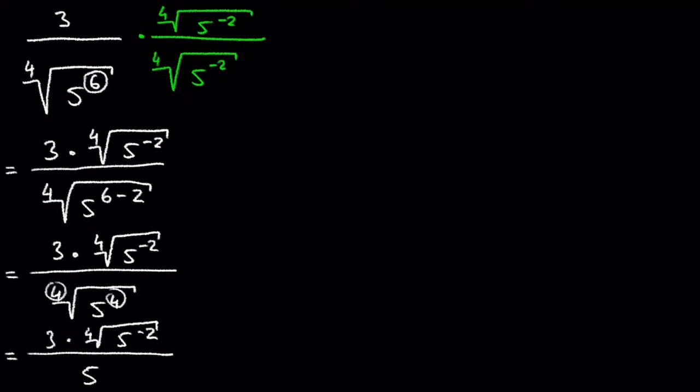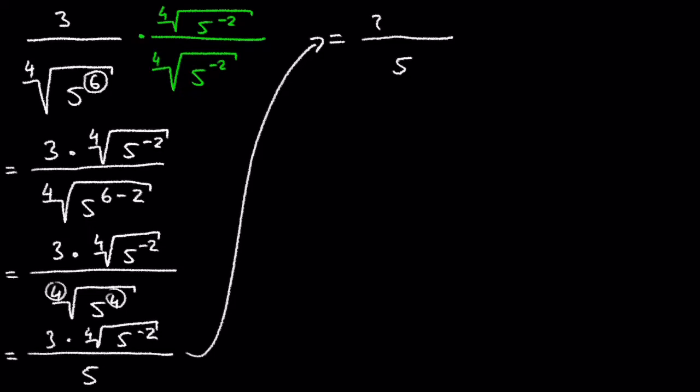According to the converting roots to exponents law, we can write the 4th root of 5 to the negative 2 as 5 to the negative 2 over 4. After cancelling out the 2 and 4, we get 5 to the negative 1 over 2.